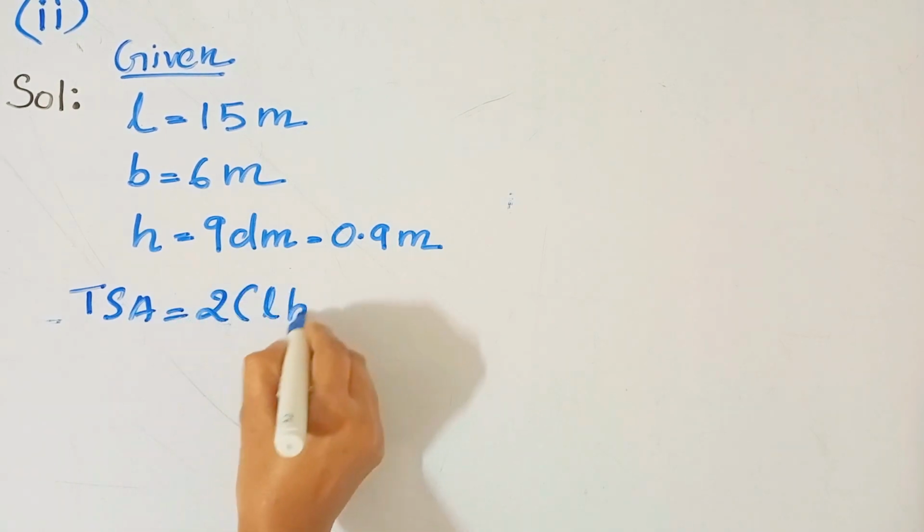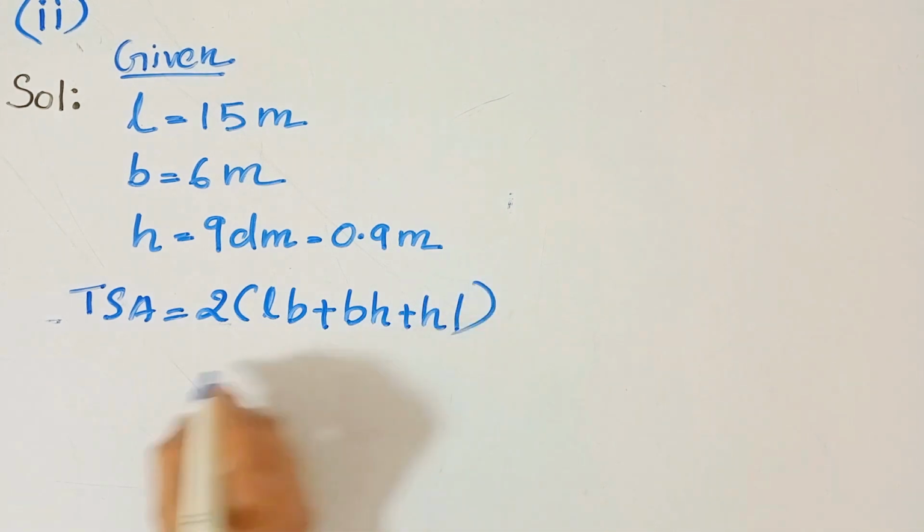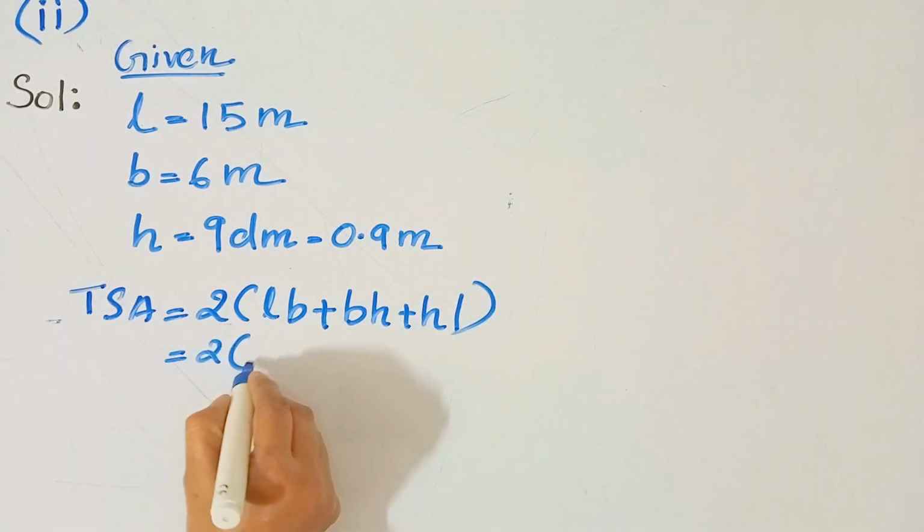To find the total surface area of cuboid, we use the formula 2, LB plus BH plus HL.